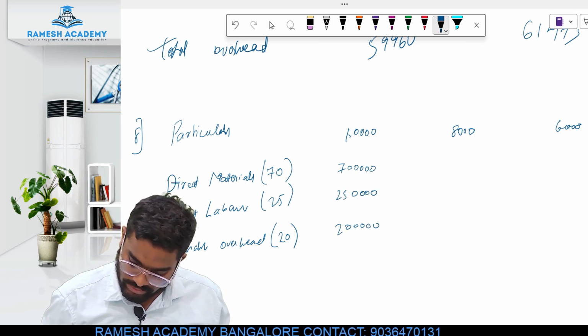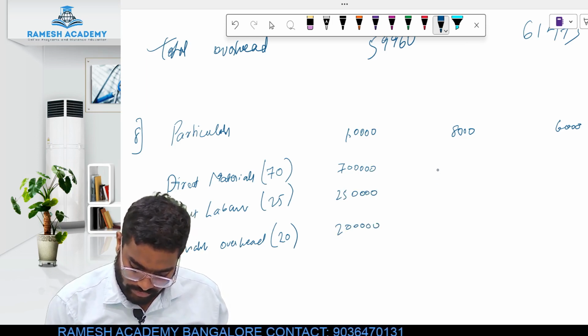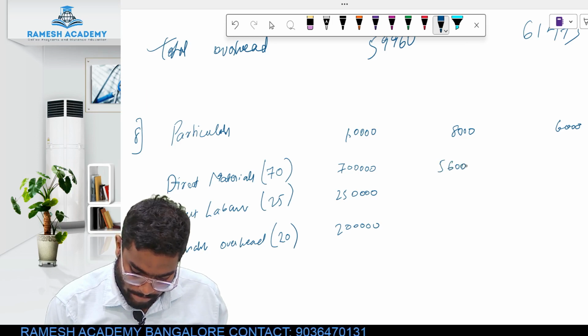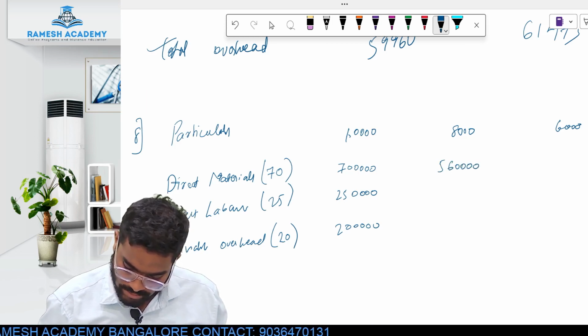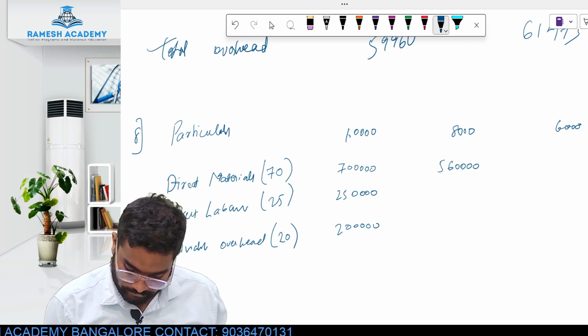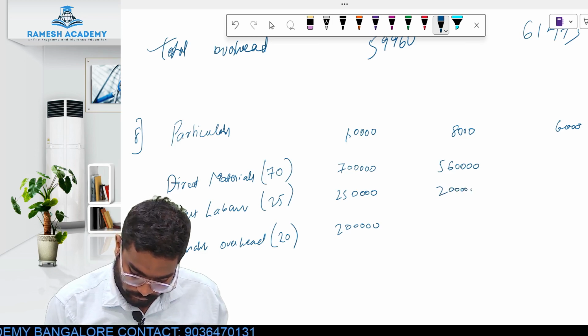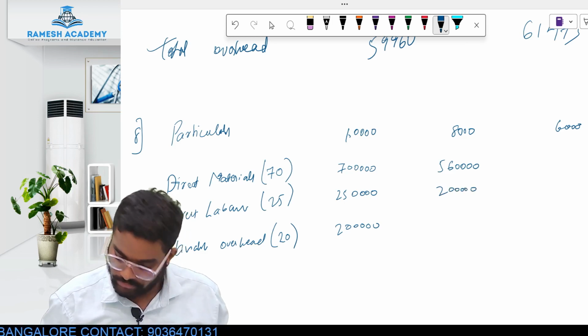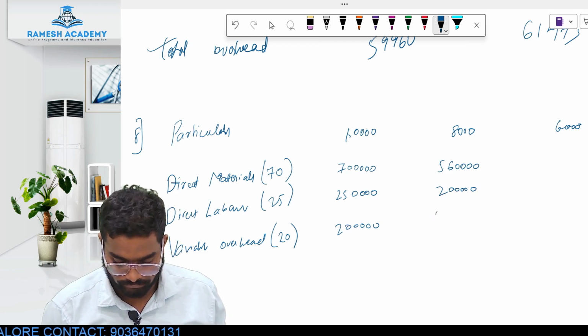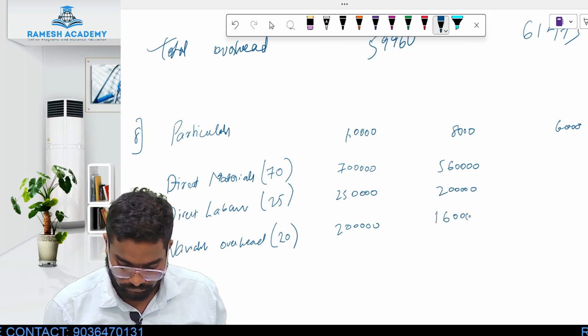That's it. Here 70 into 8,000, which is 5 lakh 60. 8,000 into 25, which is 2 lakh. 8,000 into 20 is 1 lakh 60.